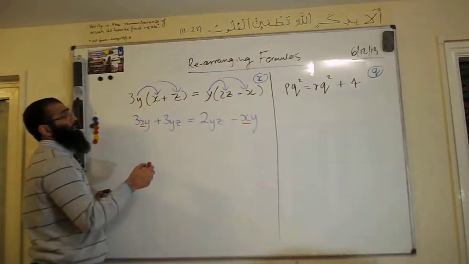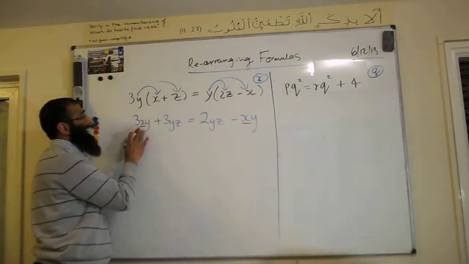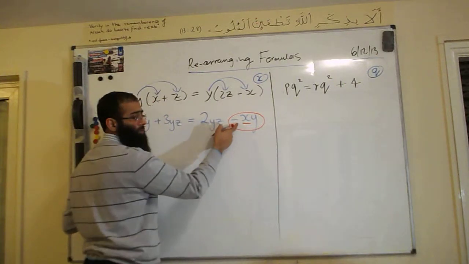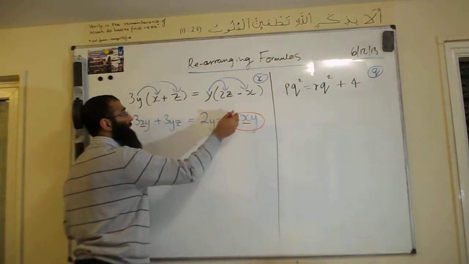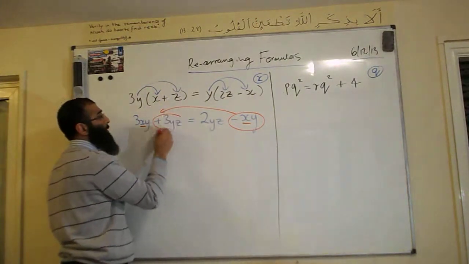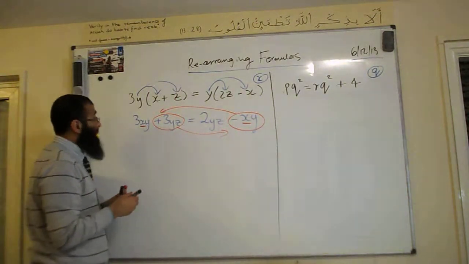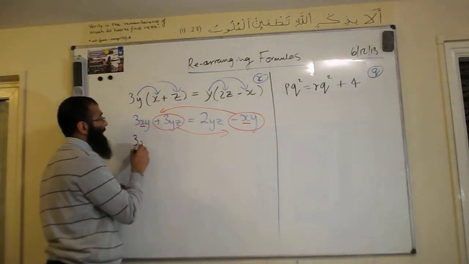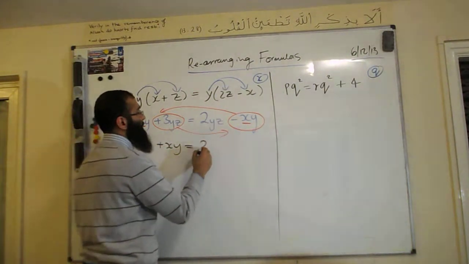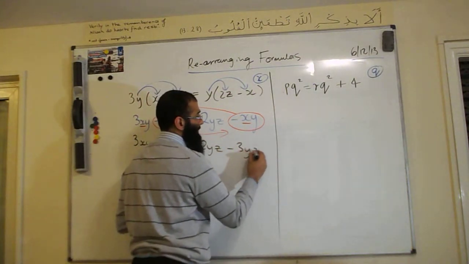Now, in this question, we multiply the brackets. We've got an x on the left hand side and an x on the right hand side. We need to get these together. So we move the smaller quantity, which is the minus quantity here, to this side. As we move this over close to this item, we need to move this item out of the way, so we swap them over. So now we have 3xy plus xy is equal to 2yz minus 3yz.